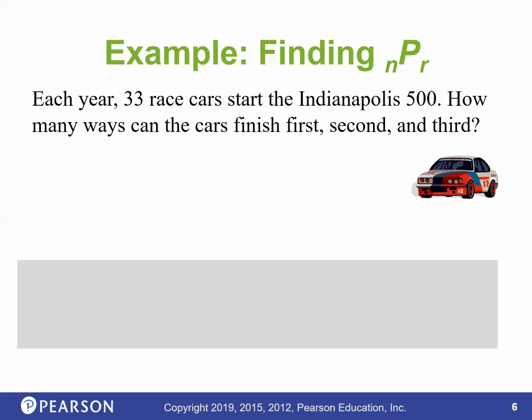Let's just try it. See if you guys can do the nPr. I'm going to walk around and see what you put in. So 33 cars start. I want to know the number of ways to get a first, second, and third. What should be the formula?